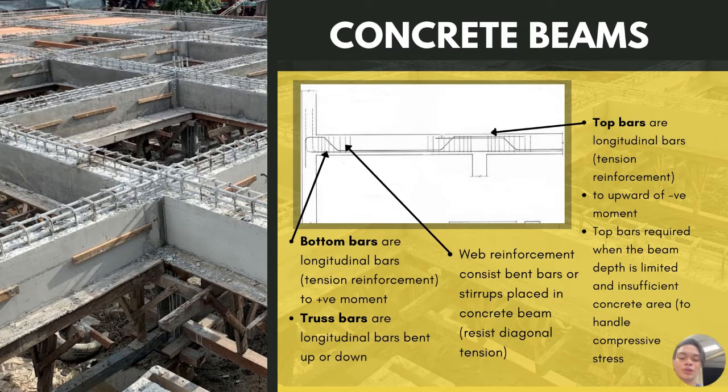Top bars are longitudinal bars serving as tension reinforcement in the section of a concrete beam subject to the upward bending of a negative moment. Top bars may also be required when the beam's depth is limited and there is insufficient concrete area to handle the compressive stress.